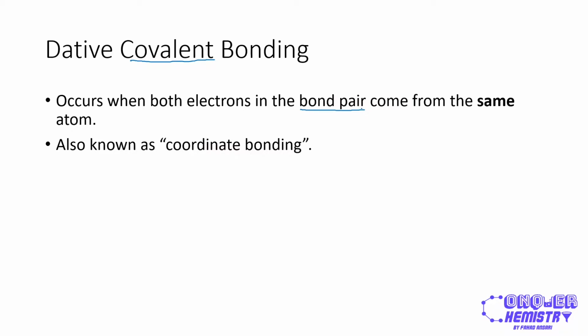So normally you have two atoms sharing a pair of electrons. One of the atoms gives one electron, the other atom gives the other electron. But in this case, the bond pair is coming from just one of the atoms, right? This is also known as coordinate bonding, right? So we'll look at some examples to see what I mean.